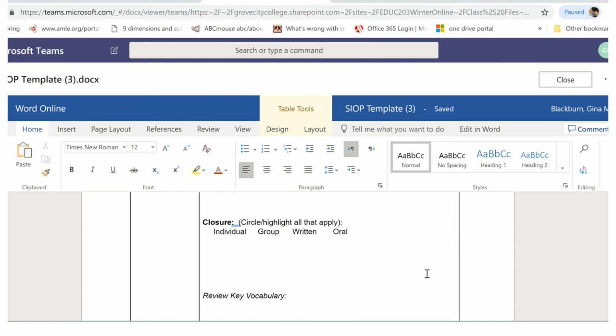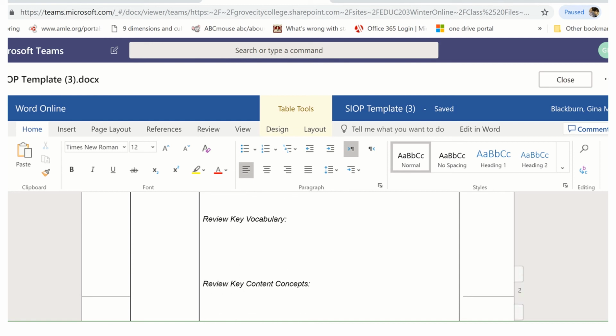And so with closure, 2 parts of that are to review your key vocabulary and review the key content. And so how are you going to do that? Individually, with the group, written, oral, how is that going to look? So again, just use your little key. So highlight in a particular color and then highlight that under the instruction of how you're going to review.